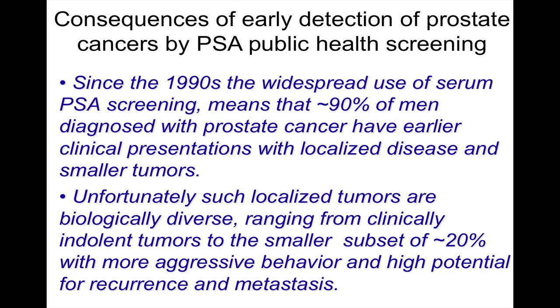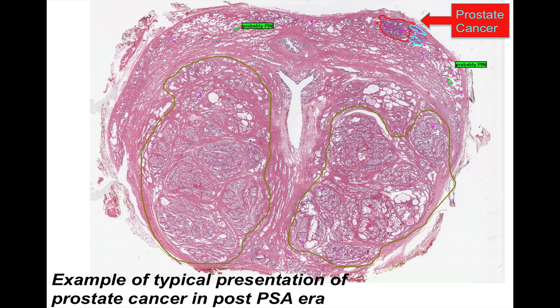So the challenge that my lab has been involved in has been to develop markers that can help identify the tumors that are likely to have this more aggressive phenotype. This is a typical presentation after radical prostatectomy of these earlier detected tumors. You can see an area on the top right of this slide, which is a very small region of prostate cancer.